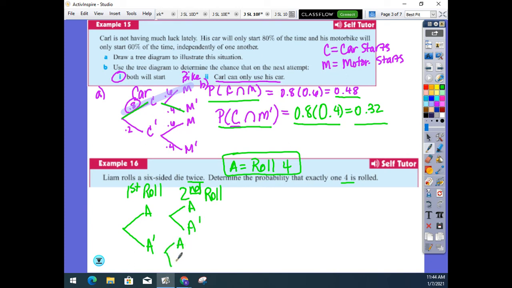You have to do that for each outcome from the first time. If we roll a 4, that's 1 out of 6. If we don't roll a 4, we have 5 chances out of 6.